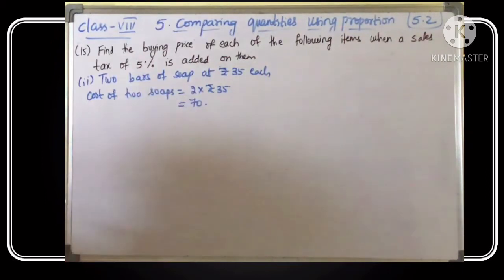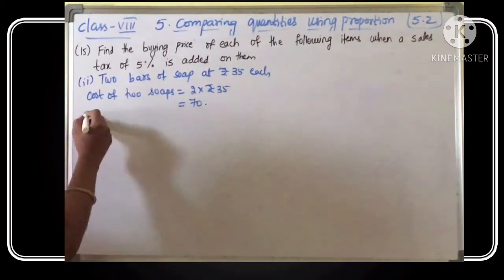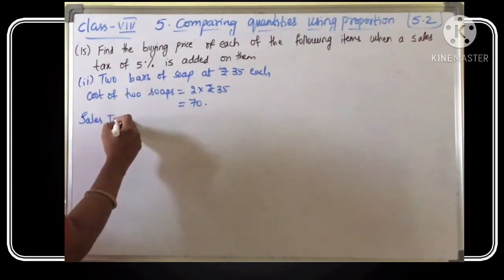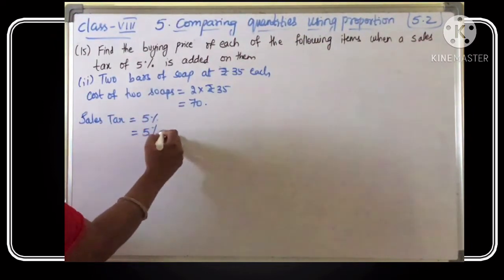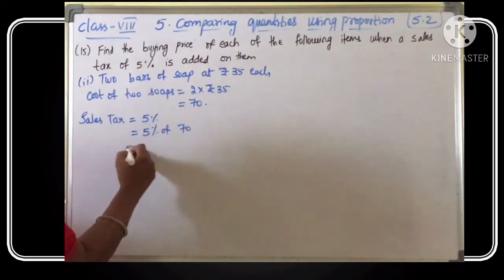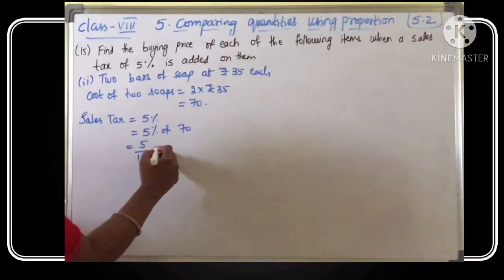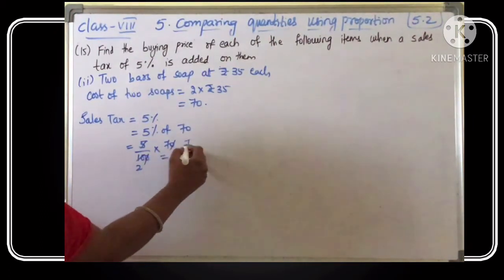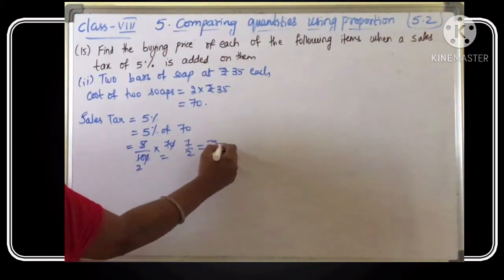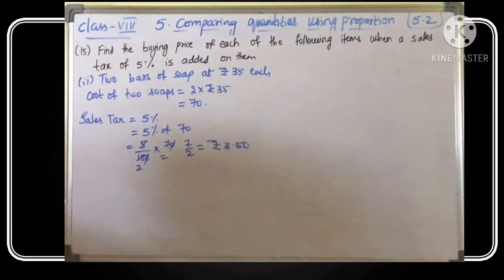This 70 rupees is the net price. Now how much sales tax is given? 5%. So we should find 5% of rupees 70, children. You will get 5 by 100 into 70. Here 0 cut. 5 ones are 5, 5 twos are 10. So you will get 7 by 2, that is 3 rupees 50 paise. So the sales tax is rupees 3.50.